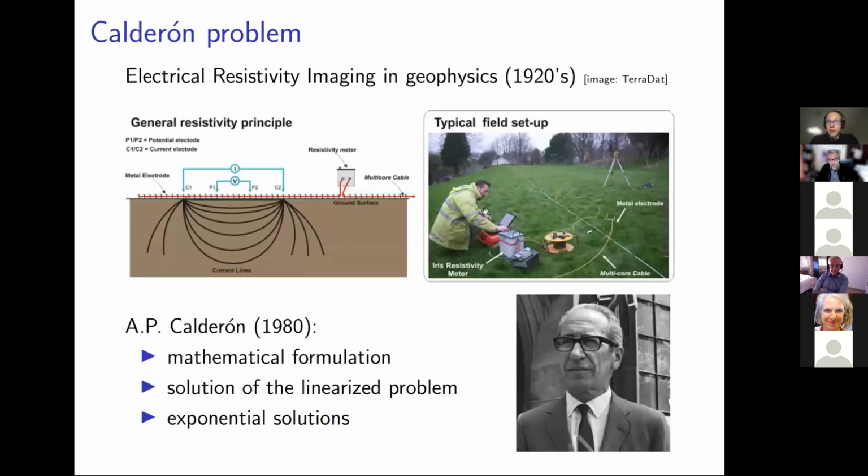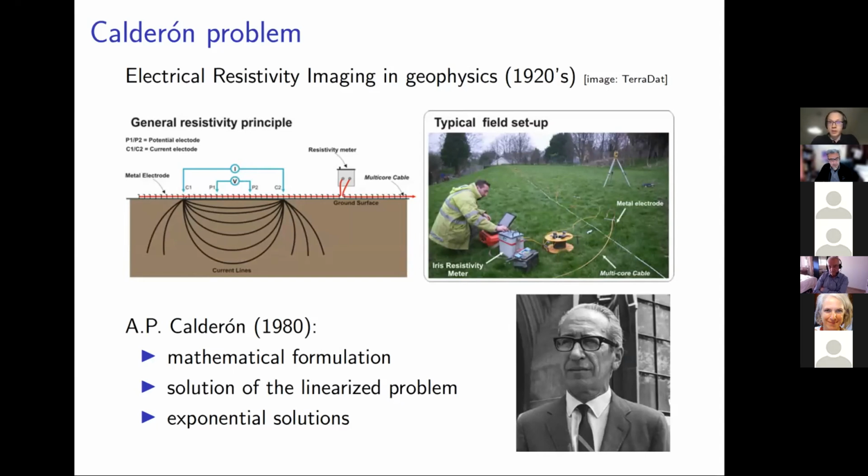So the Calderon problem goes back to the 1920s. In seismic imaging applications, people were interested in figuring out if there are oil deposits in certain parts below the Earth's surface. And there are several methods for trying to find oil inside the Earth.